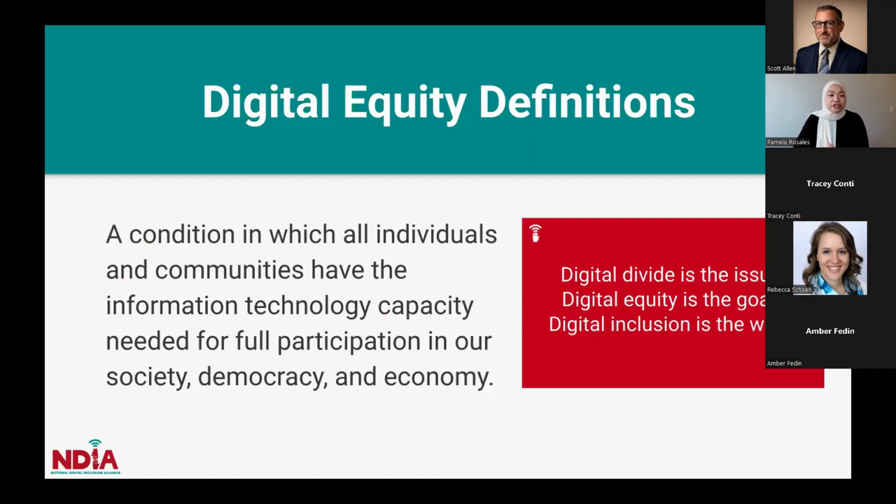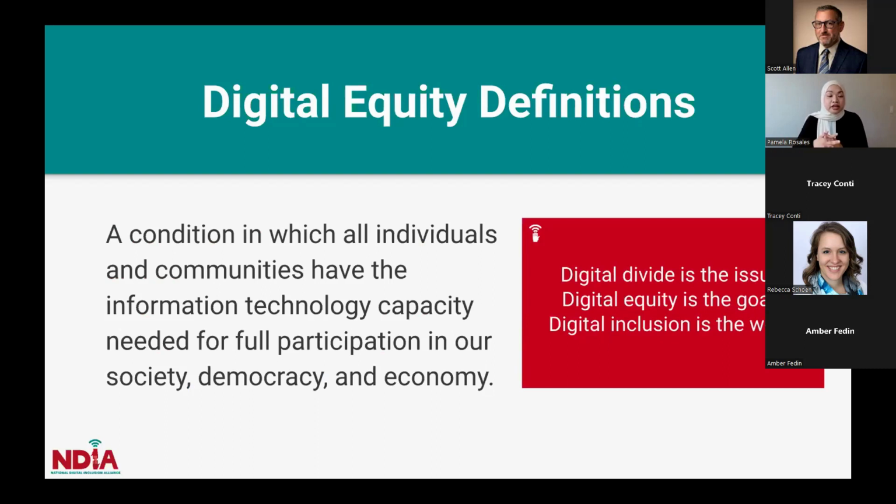So that participation can look like knowing how to download a mobile health app and navigate within the app, access the charts, schedule appointments, and learn more. It also looks like being able to connect to the internet, like going on your device and connecting to that Wi-Fi. And it also looks like having that broadband infrastructure in your community.